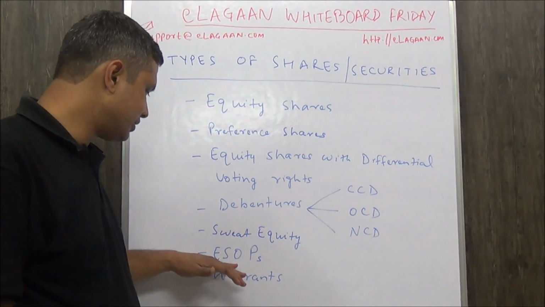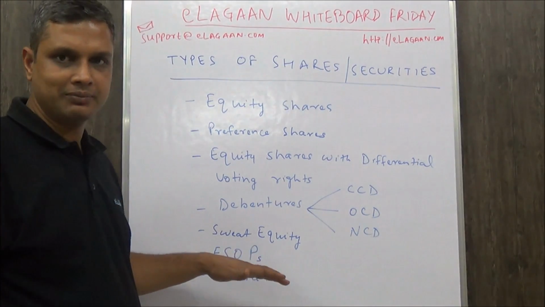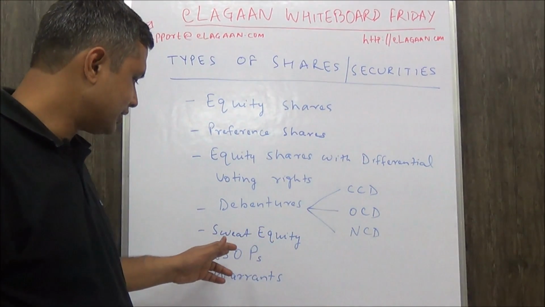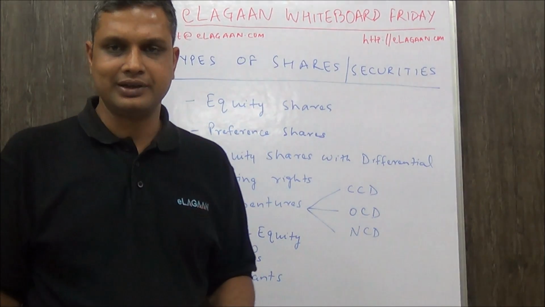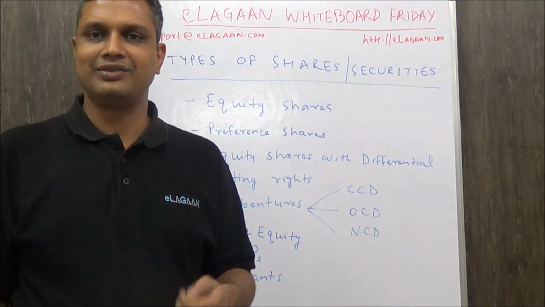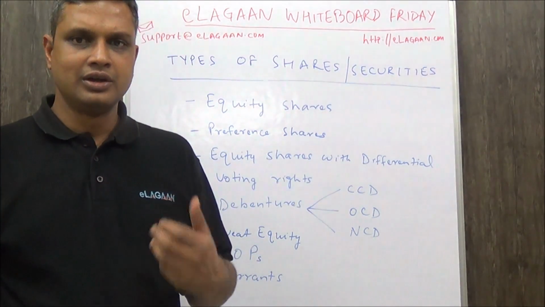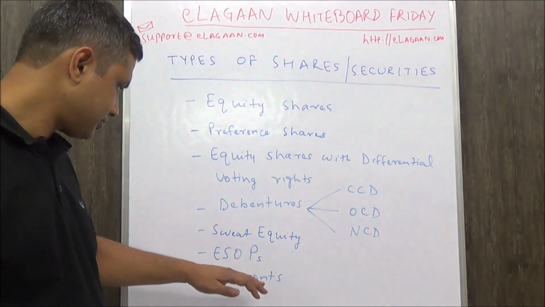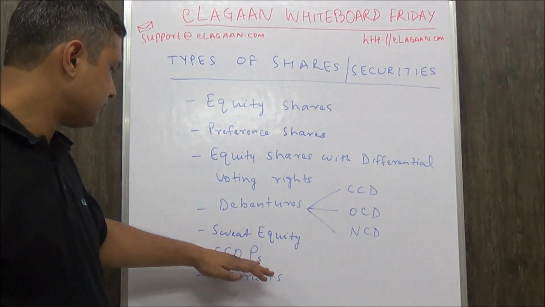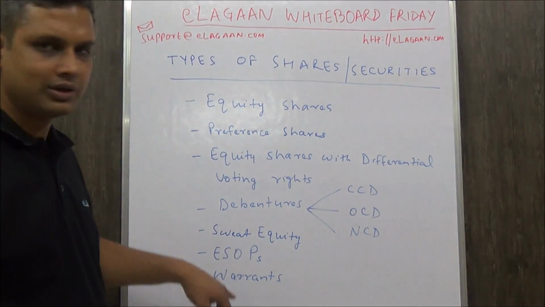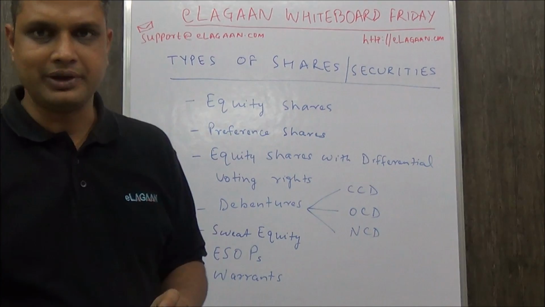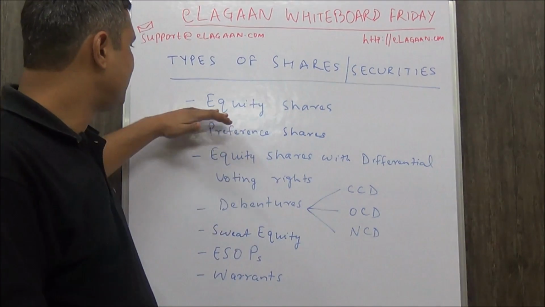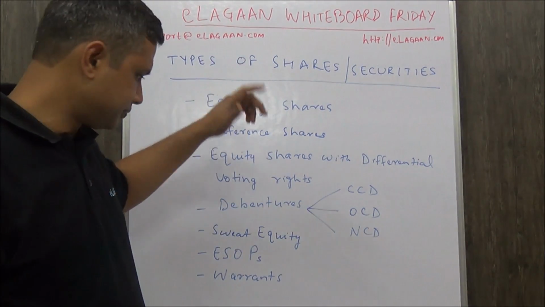ESOPs can only be given to employees, and that too full-time employees. And there is no specific valuation requirement here. It is more treated as an incentive that is given to employees to retain them and to motivate them for better performance. So sweat equity and ESOP both are kind of equity shares only, so they fall into this category.